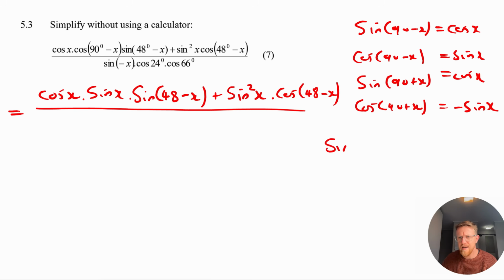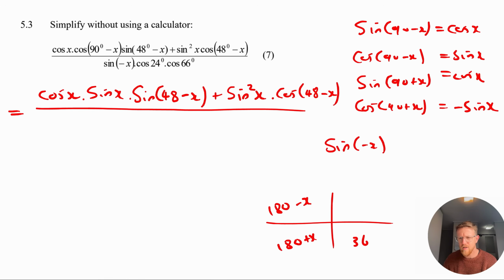So if you look at sin negative x and you look at a normal CAST diagram, we know that this is 180 minus, this is 180 plus, and this is 360 minus x. Now, I've always told you guys that if it doesn't look like any one of these, then you need to change it. And you're allowed to do that by either adding 360 or subtracting 360. Why are we allowed to do that?